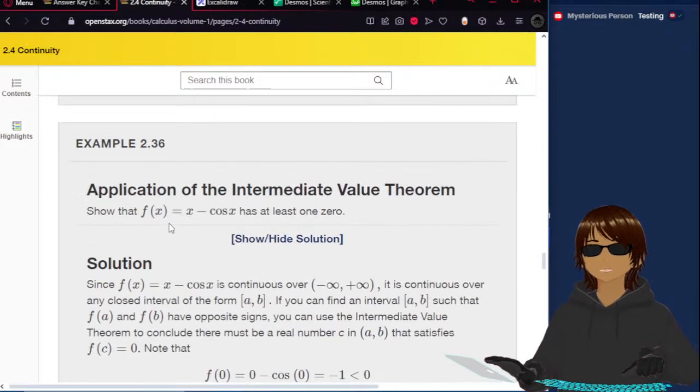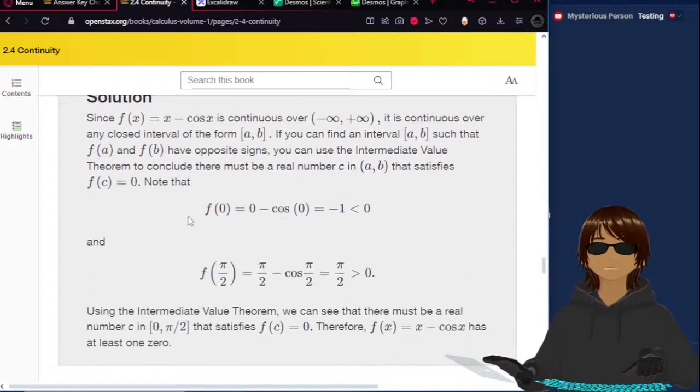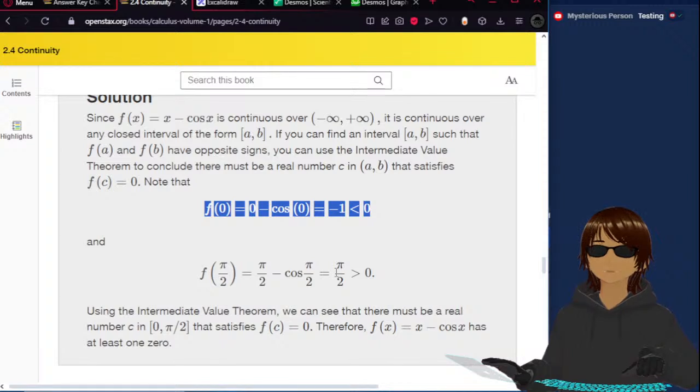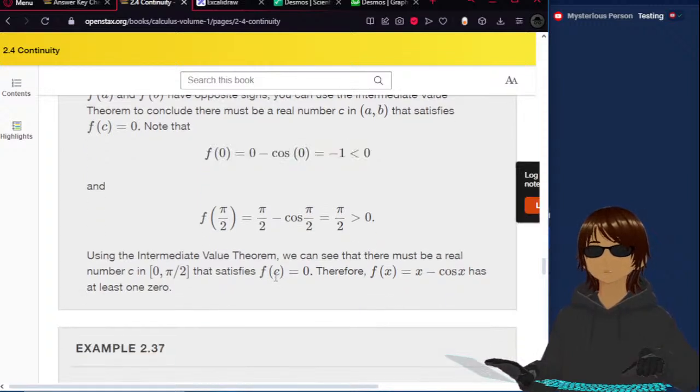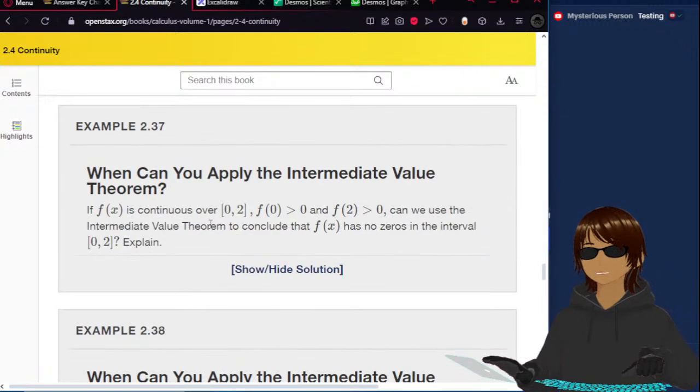Show that f of x is equal to x minus cos x has at least one 0. So between the interval 0 and pi over 2, it's below 0. So it's -1 and pi over 2. There must be c between these two that satisfies f of c is equal to 0 because the function is continuous.